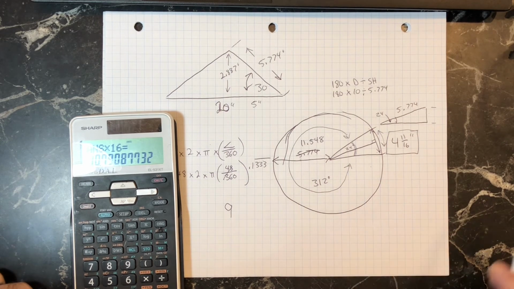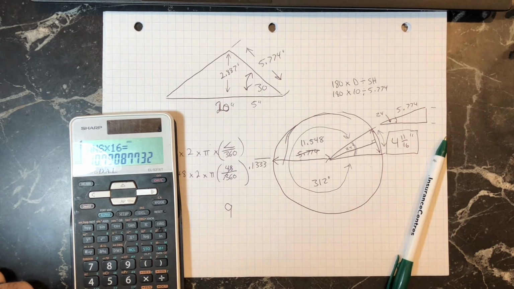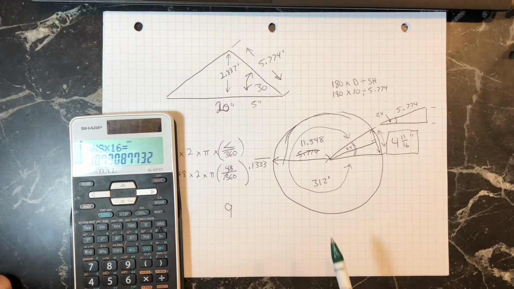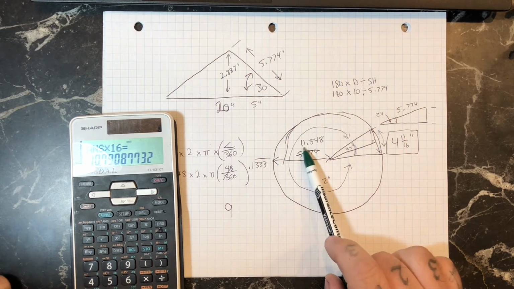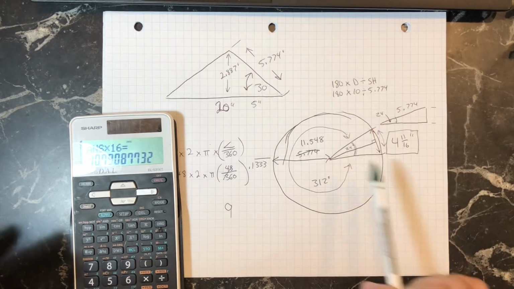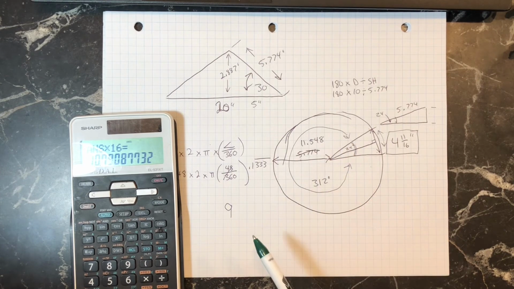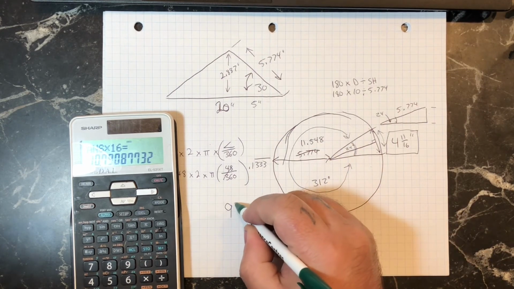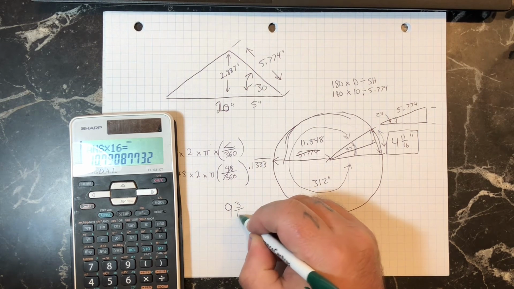Because I rounded things off a little bit on here, I ended up with a number that's a little bit smaller. You should be using the full numbers instead of rounding off, because the actual answer here is 9 3/4. So I ended up losing a 16th there.